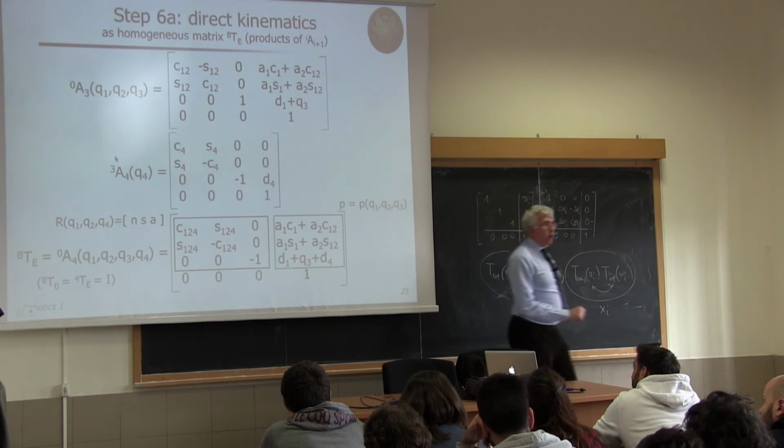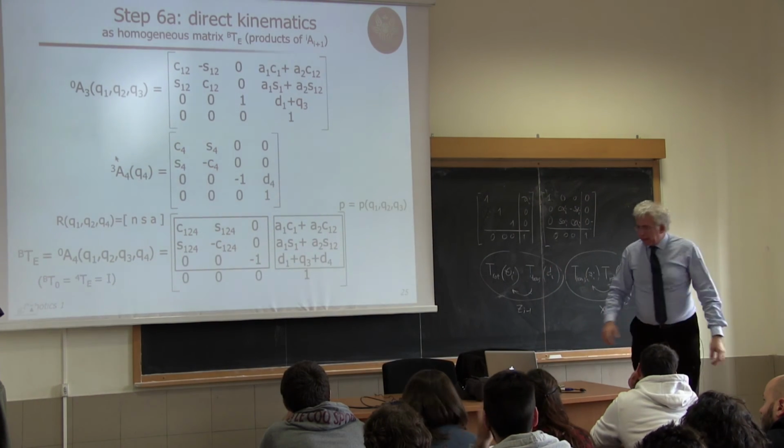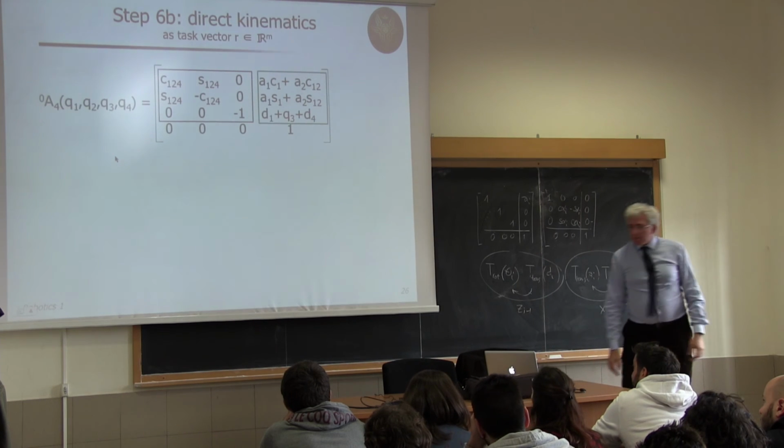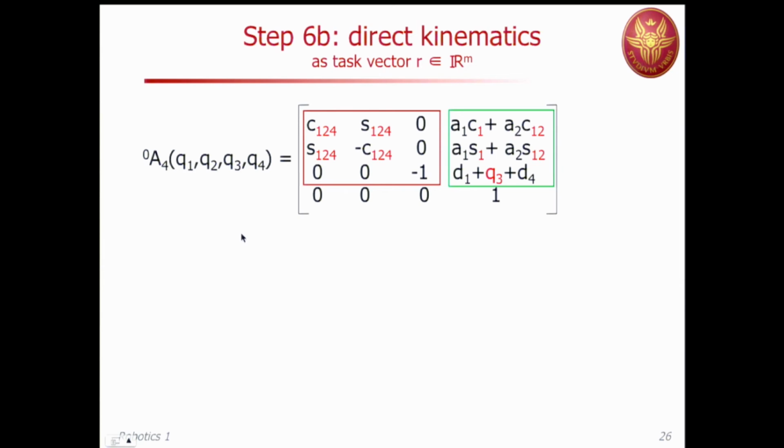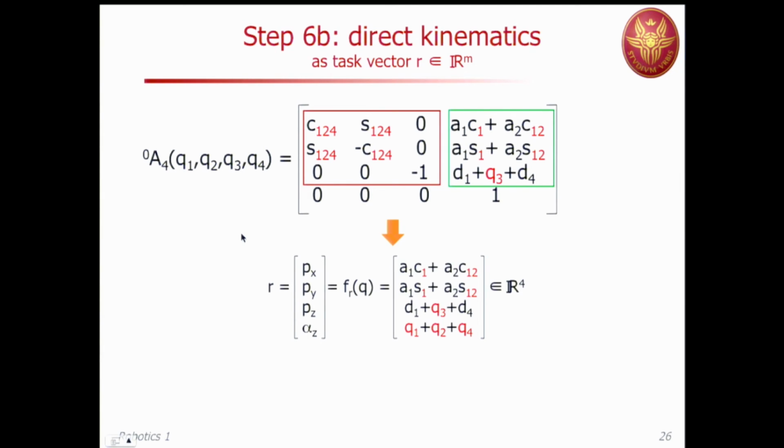So this is one way of writing the direct kinematics, but we have mentioned that we can extract things. So let's write the same as a task vector. What we do is we extract from the final homogeneous transformation matrix what we need. And for instance, this is just an example.